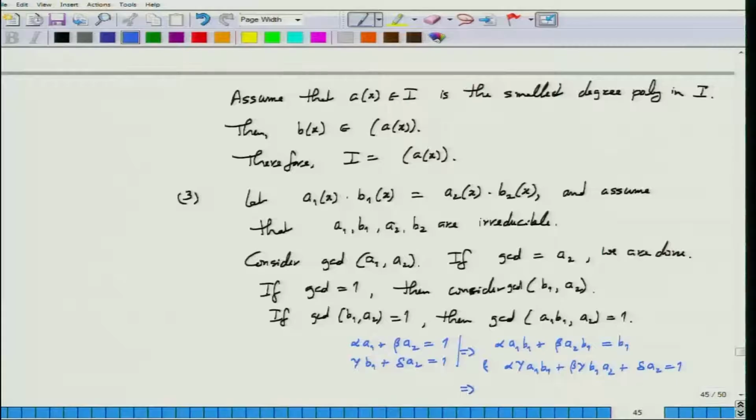And this gives me alpha gamma A1 B1 plus beta gamma B1 plus delta A2 is 1. So this shows that GCD of A1, B1 and A2 is 1.